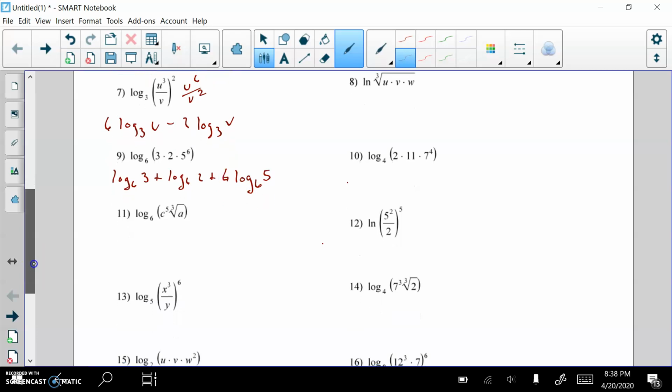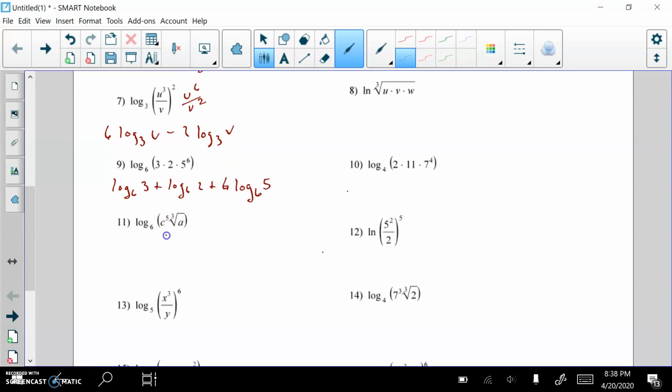Okay, roots, probably want to change that to c to the 5th, a to the 1/3. And so 5 log base 6 of c plus 1/3 log base 6 of a.